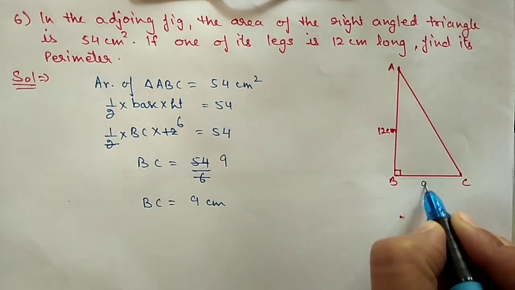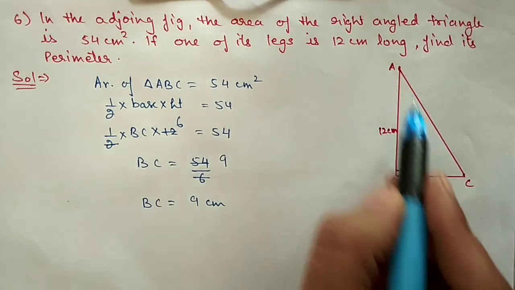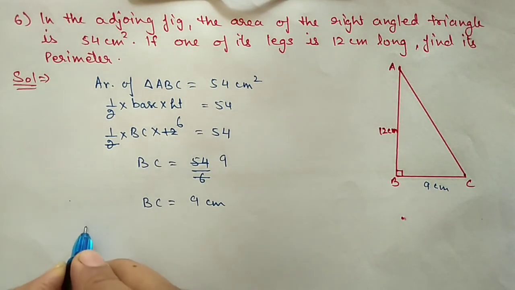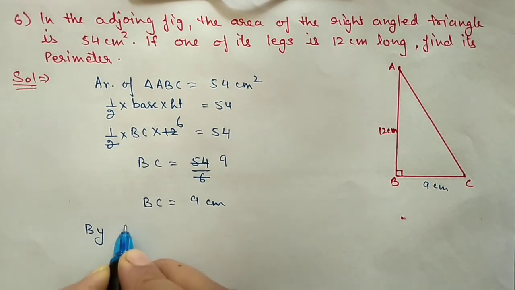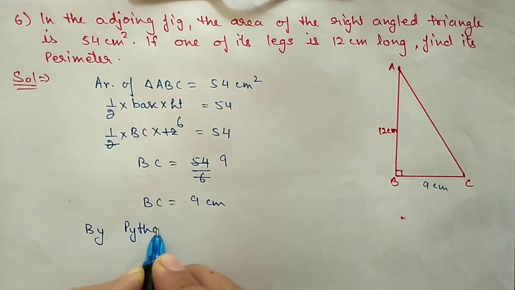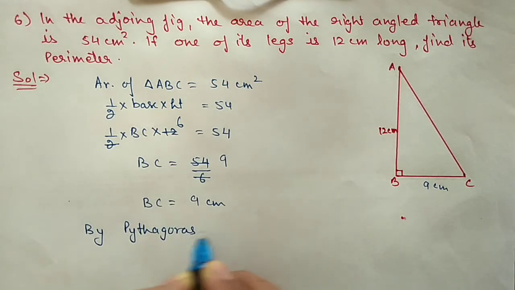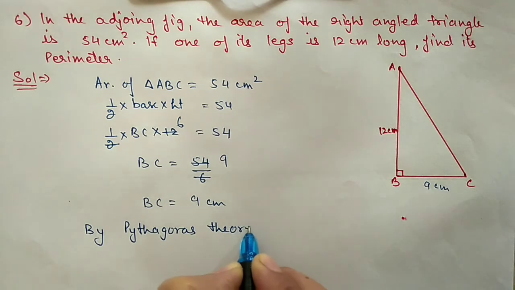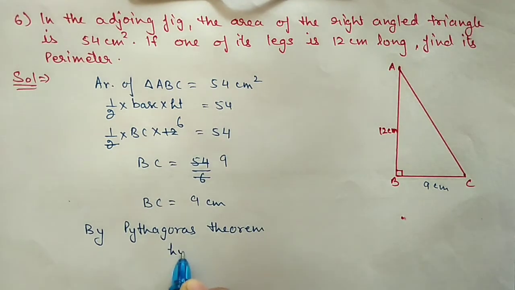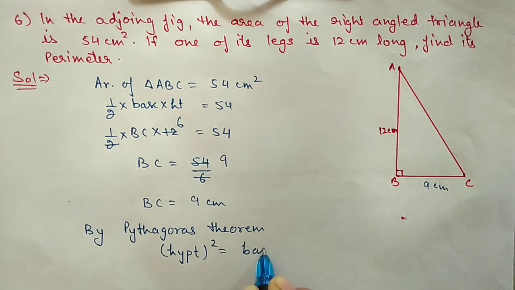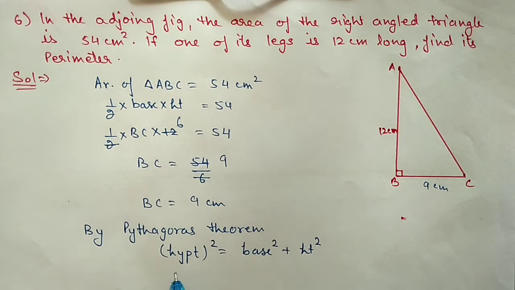Now after getting this 9 centimeter, first we will find out AC. So this AC we will find out by the Pythagoras theorem. Hypotenuse square is equal to base square plus height square. The hypotenuse is here side AC, and the base is BC, the height is AB.